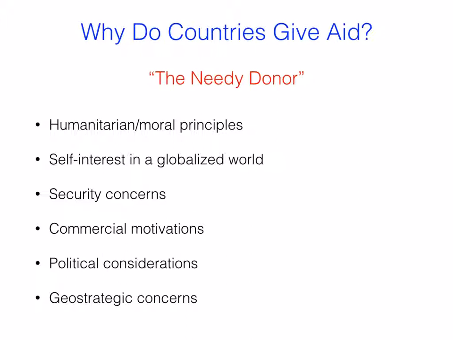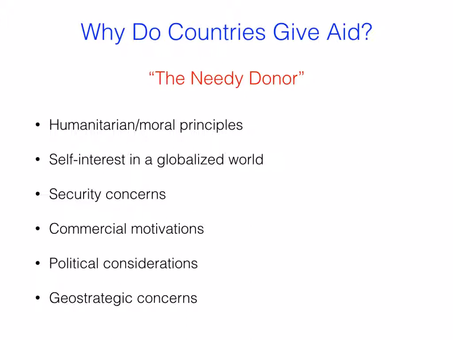Security concerns are a big driver of foreign aid, especially from the U.S. And a good bit of the aid the U.S. gives is part of fighting the war on global terror, trying to keep states from failing and discouraging the development of non-state rebel groups that tend to thrive where there is no functioning government and where people live in extreme poverty.